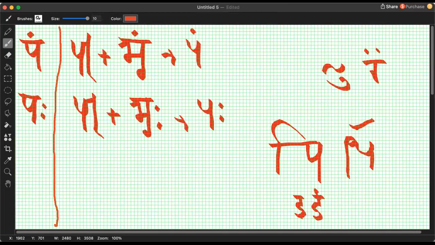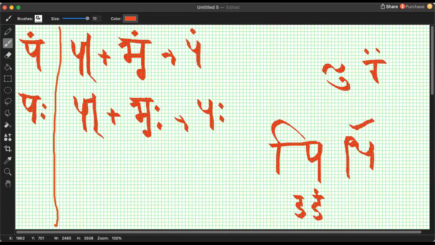Similarly, u is also different for 7-8 consonants. So those we will learn as rules. Now today, whatever this a matra is, we can consider it generic, but there are some specific rules that will come now.